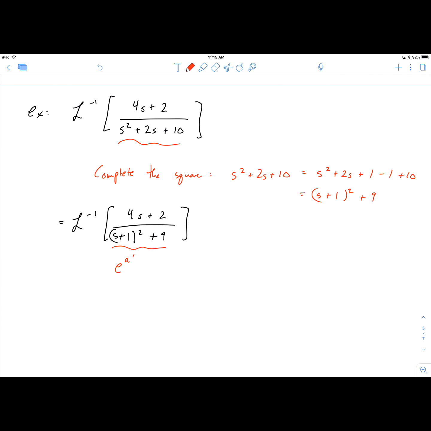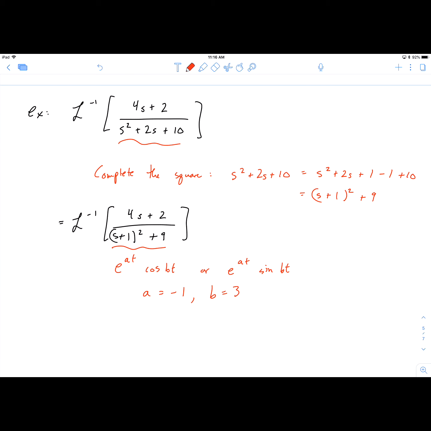So this is like e to the at cosine or e to the at sine. And if you look at those, you should be able to tell that a should be -1 and b should be 3, because both of them have s minus a squared. So s minus -1 gives us s plus 1. S minus a squared plus b squared. So b should be 3.